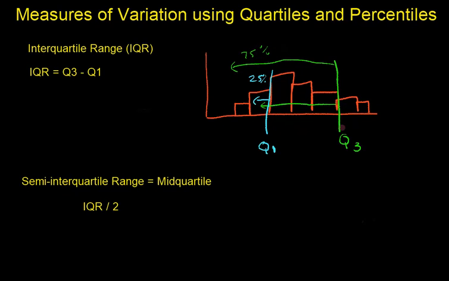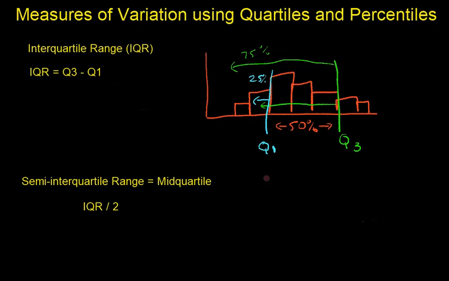If we take the difference between the two quartiles, that means that 50% of the data is between the first and the third. Because 75% is less than the third, and 25% is less than the first, that leaves 50% between.